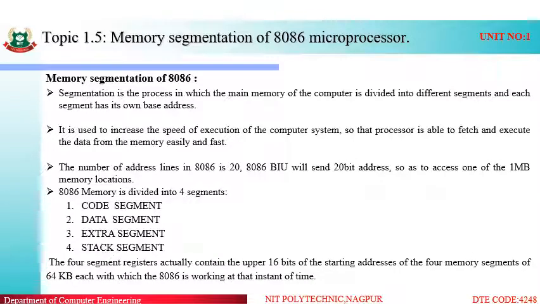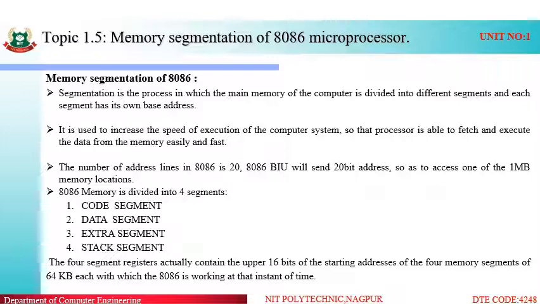So coming to segmentation, it is divided into four main segments: code segment, data segment, extra segment and stack segment. There are four segment registers. In the previous topic we studied register organization, where four segment registers are present. What will this segment register do? That segment register will hold the starting address of these memory segments.